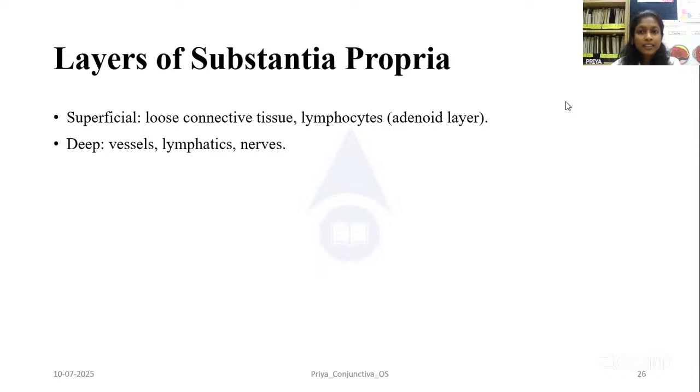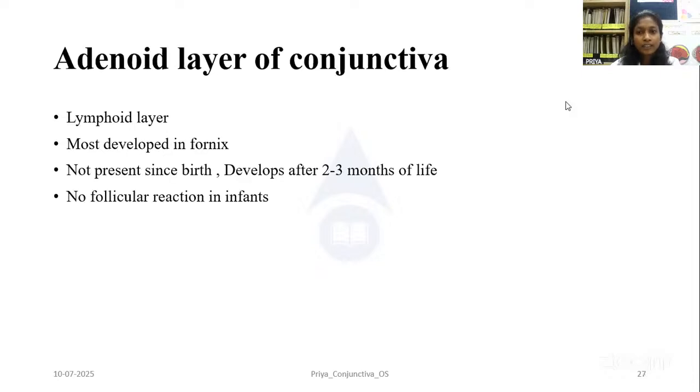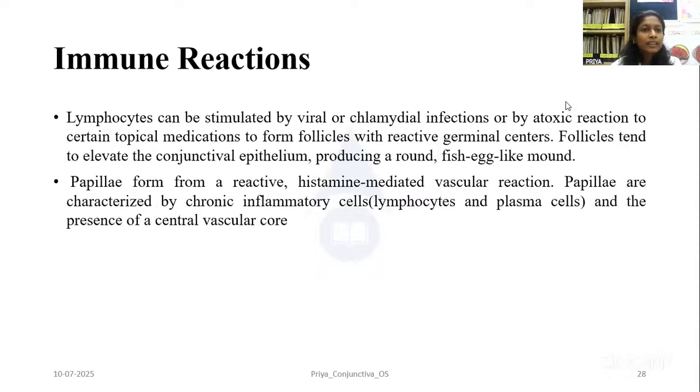The adenoid layer is prominent in children and contributes to immune function. The adenoid layer contains lymphocytes, plasma cells, and dendritic cells. It is part of conjunctiva-associated lymphoid tissue, involved in immune reaction.